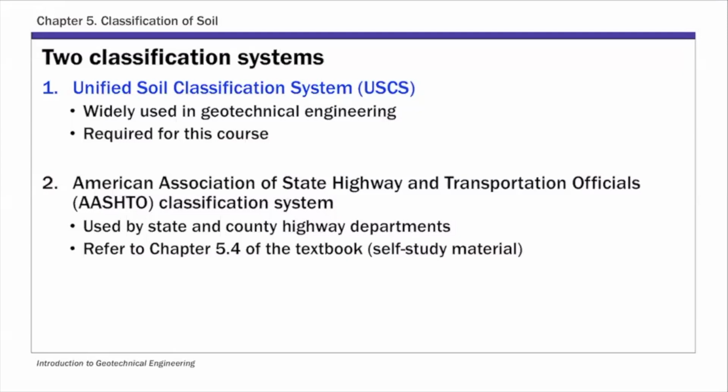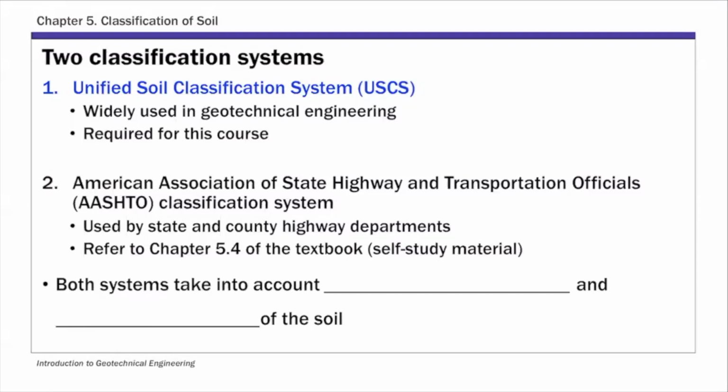Chapter 5.4 of your textbook covers the details of the AASHTO system. Both the USCS and AASHTO systems take into account particle sizes and their distribution, and also the Atterberg limits, or plasticity, of soils.